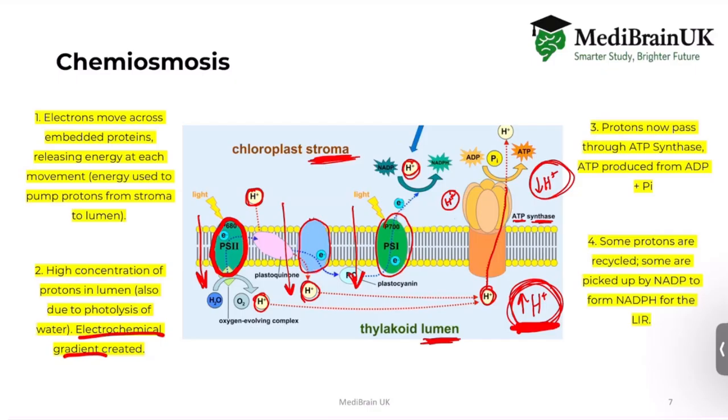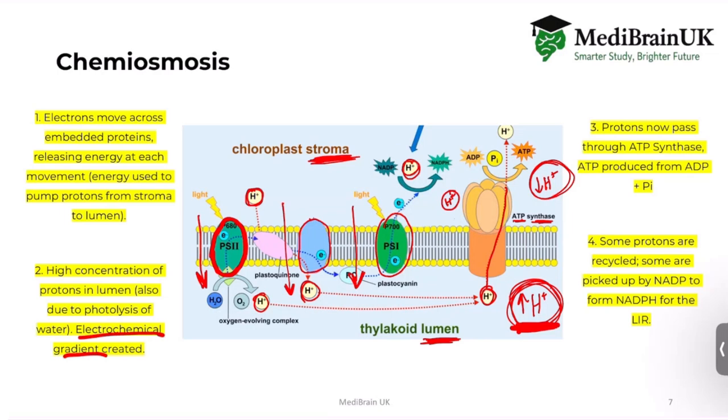Some of them are picked up by NADP to form NADPH for the light independent reaction, because NADPH is required for the light independent reaction to occur. So that's your chemiosmosis stage of the light dependent reaction. Okay, and that's basically the final stage that you're looking at.